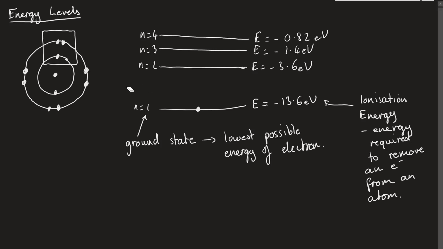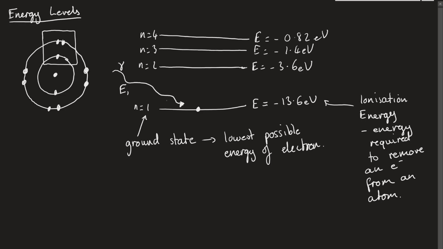Okay, so let me get rid of this line. And what happens is if the photon comes in, okay, so this is my photon with some energy E1, just to separate it from all of these E's. It has some energy E1, and this electron absorbs this photon.